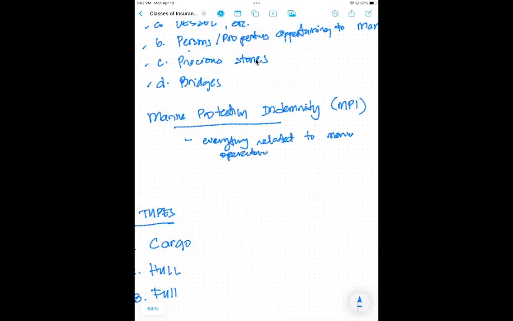This is stated in a general term such that you can practically insure everything and anything related to a voyage. Under the second part, the insurer will be liable for any liability that the insured may incur arising from marine operations.